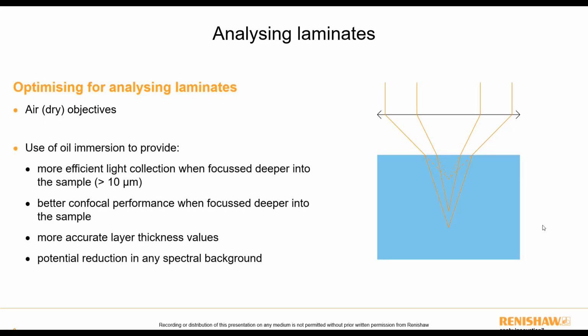Because of this, oil immersion is a really useful option. With oil immersion, you basically have oil sandwiched between your objective and your sample, and you can use a cover slip. So you can have a cover slip on top of your sample, and the oil can then be in touch with your cover slip as well. But either way, the whole premise is that you don't have any air.